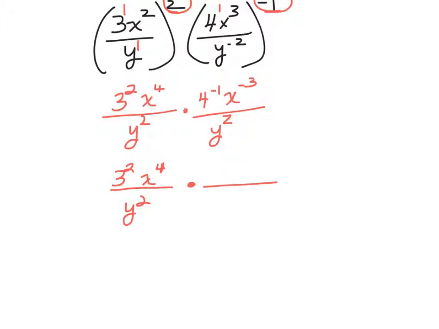But 4 to the negative 1 has to go to the denominator so that it can be 4 to the positive 1, or simply 4. X to the negative 3 has to go to the denominator so it can be x to the positive 3. Y squared is already in the denominator, so it's going to stay. And that gives me a 1 right there.